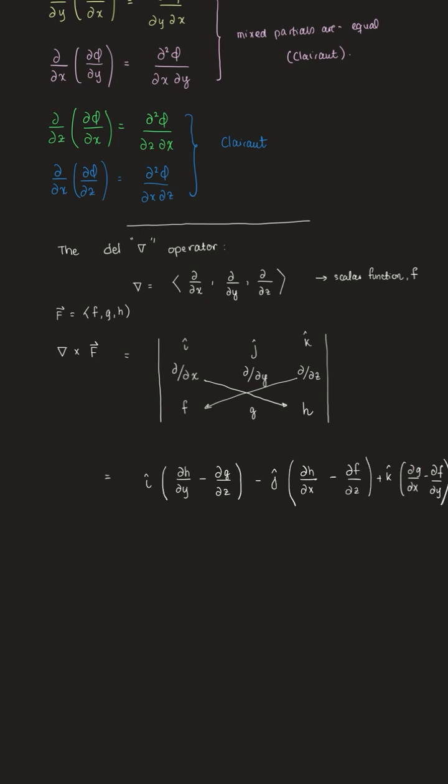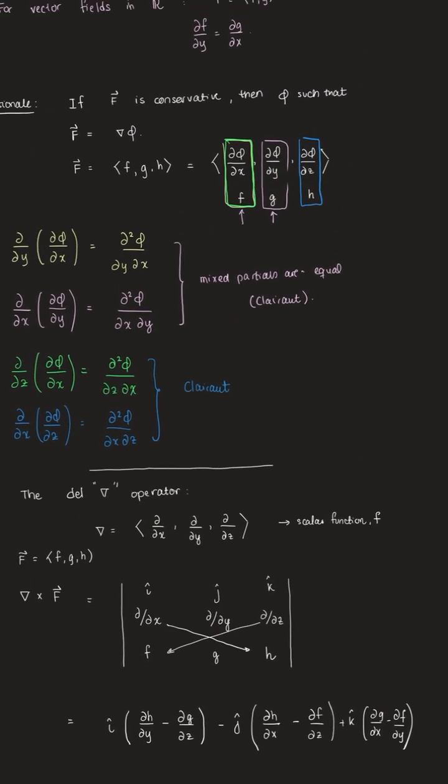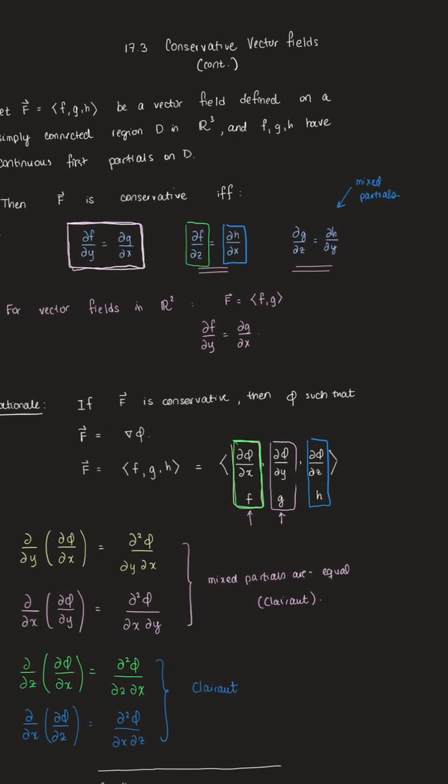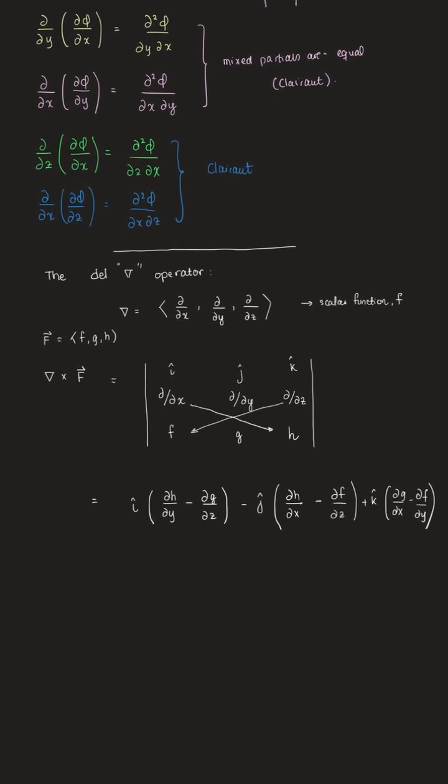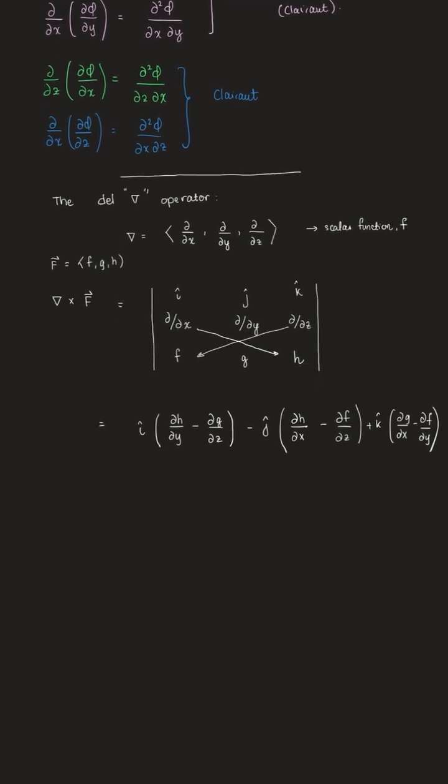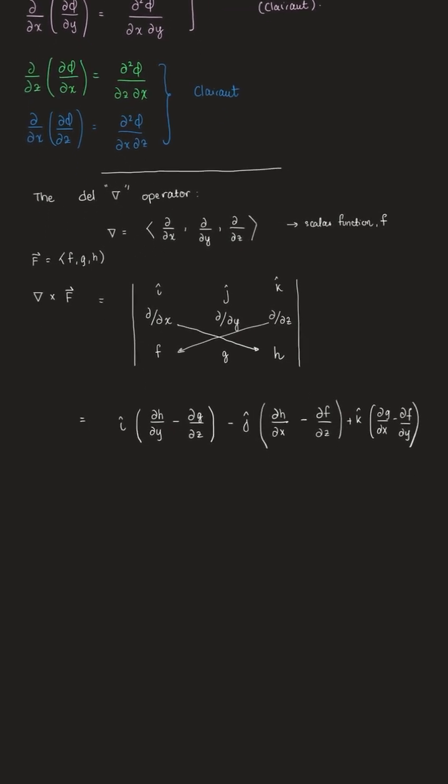And notice what these components are. These components are exactly our test. They're exactly the difference between these partials in our test. So if dh dy equals dg dz, then we know that this component is going to be 0.